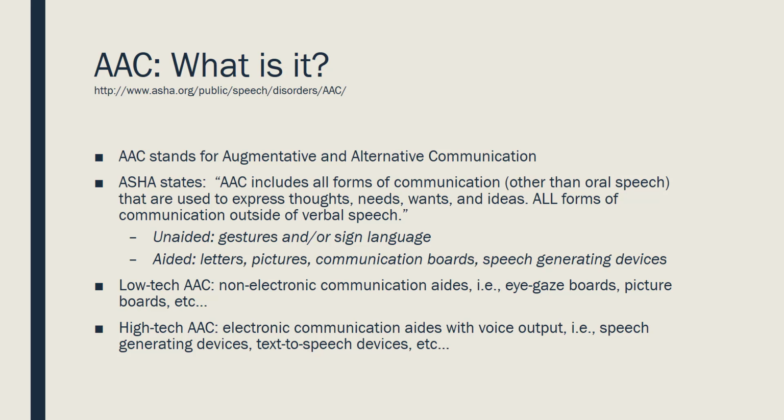AAC systems can be either low-tech systems or high-tech systems. A low-tech system is a system that aids communication in a non-electronic manner. It does not require batteries or electricity. These would include eye gaze boards, picture books, communication boards, etc. A high-tech AAC system has an electronic component for voice output.